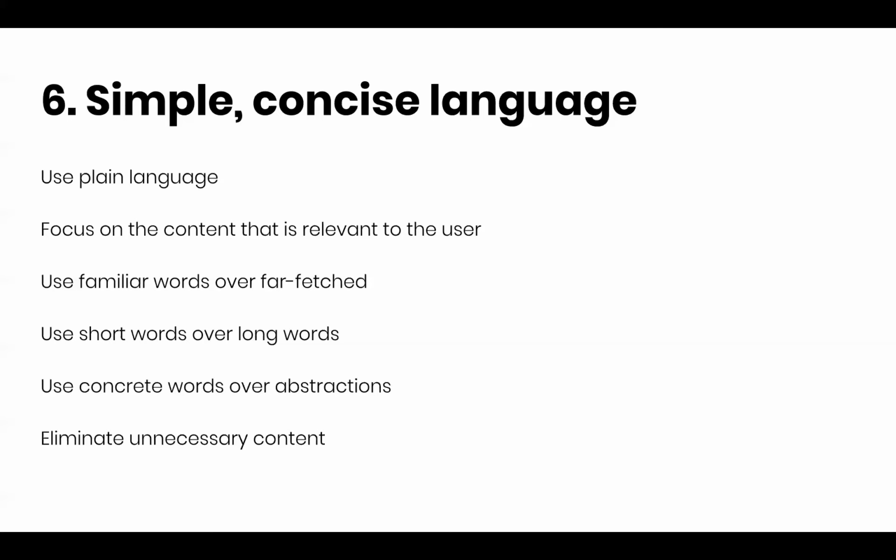Whenever possible, you want to really focus on words or content that feels relevant to the user, something that's familiar, and shorter words over longer words. It's not that you can never use them, but if every word is really abstracted, very long, and far-fetched, it gets very hard to read very quickly.